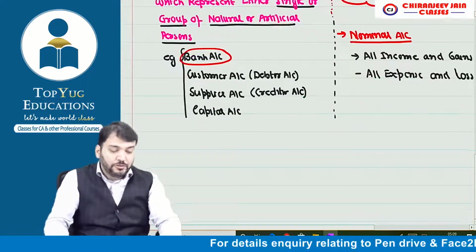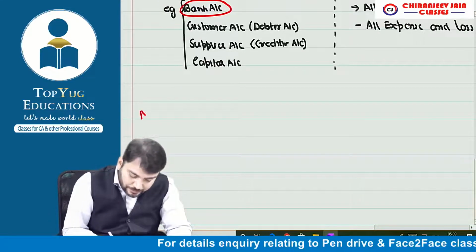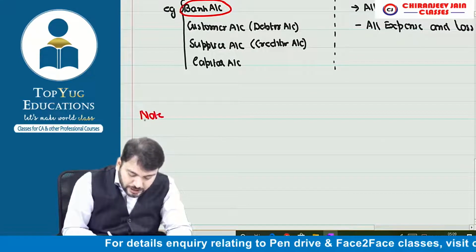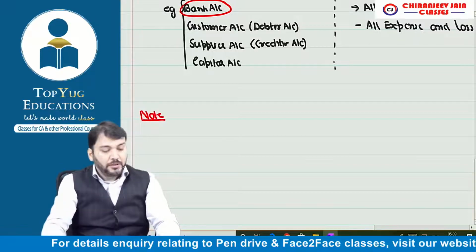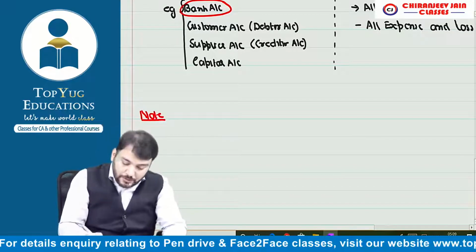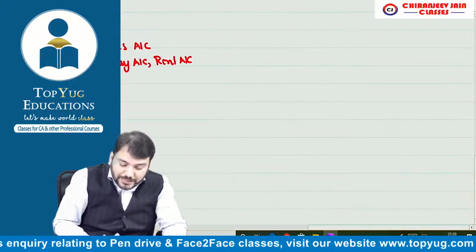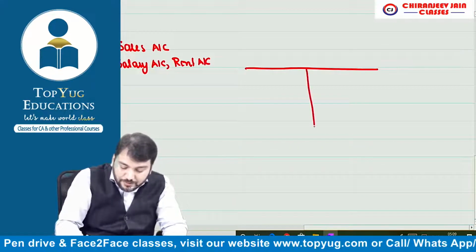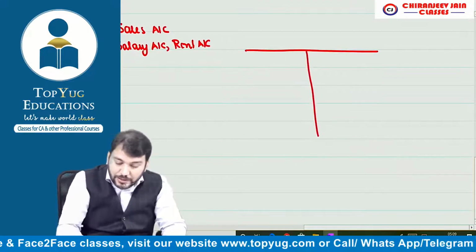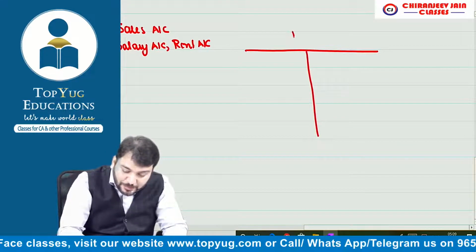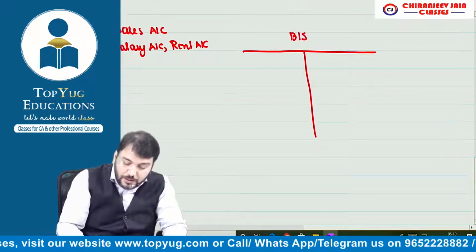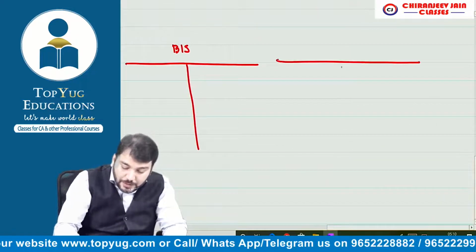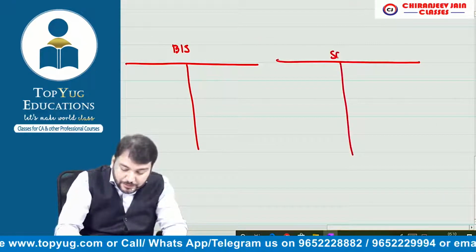Account you have understood. So can I say in this way? Everyone, just try to understand that the objective of accounting, can I say it is to prepare what? Balance sheet and statement of PL.